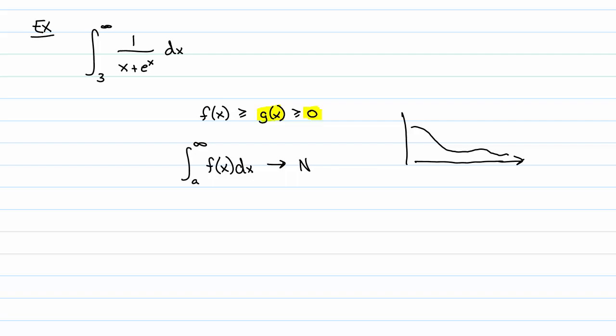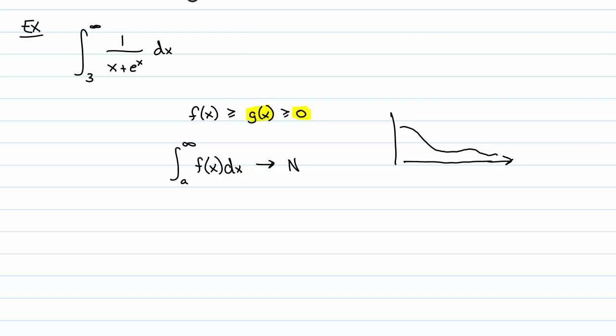So therefore, if I know that it's always at worst going to be adding values, but at best going to be adding nothing as time goes on, and I happen to know that the area under f of x converges, then I know the area underneath g also has to be contained.